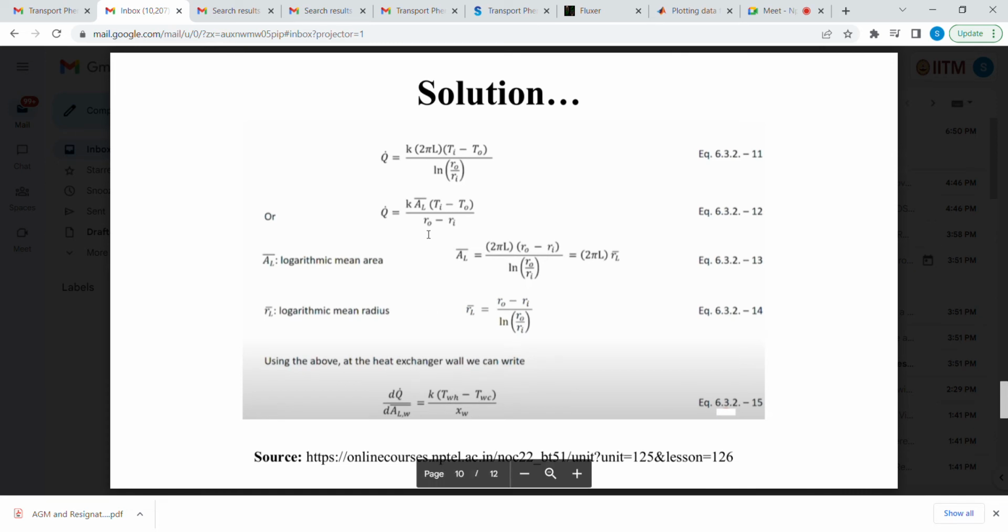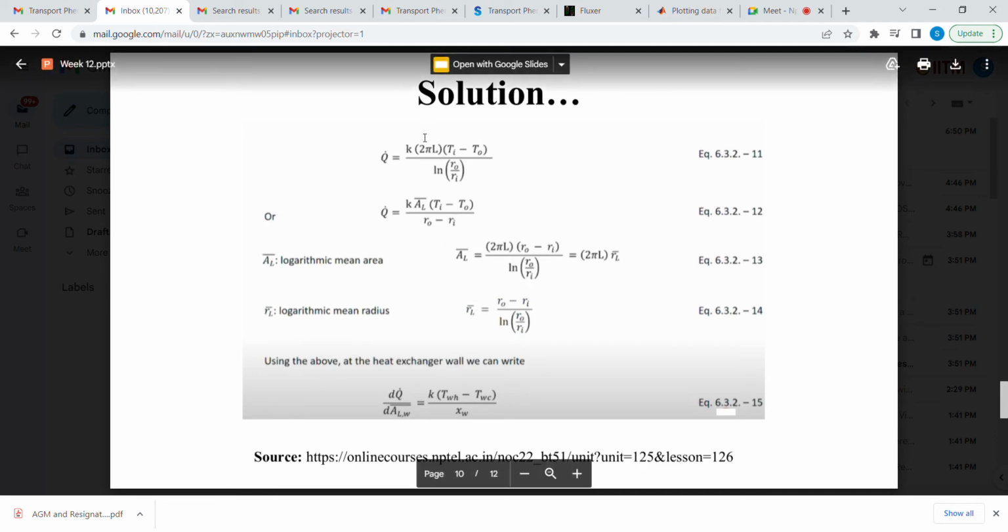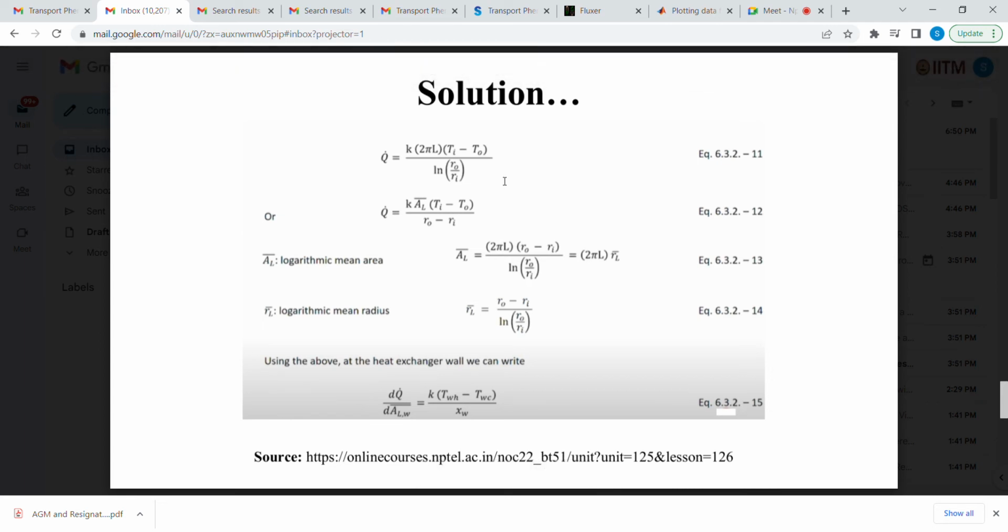Now, if you rearrange this A_L hat, some terms will be cancelled, some terms will go to this side and that side, and we'll get this. If you want to do it, as I said before, take a pen and paper and do it.